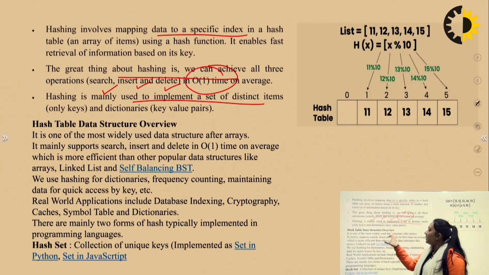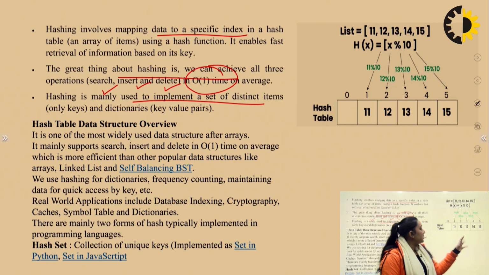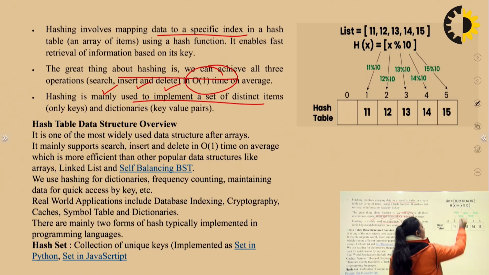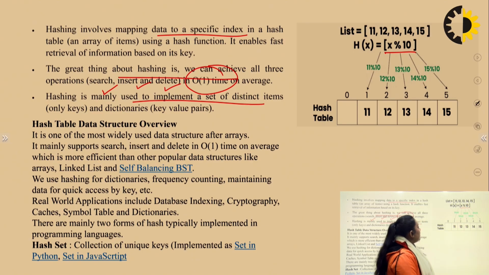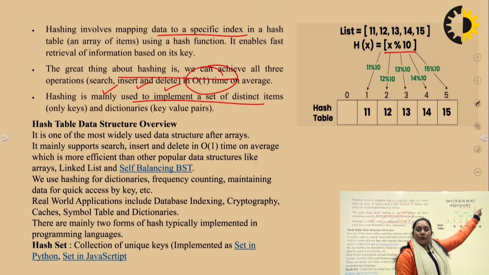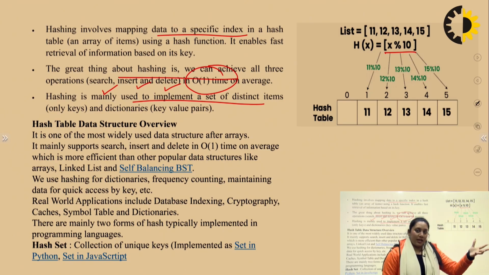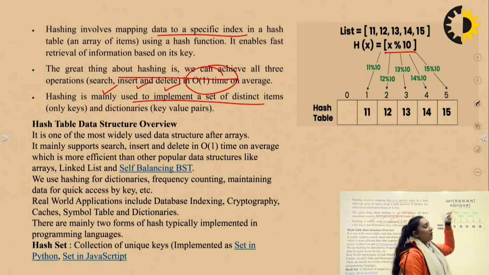Next, the hash table data structure overview. As you can see, this is the structure of the data set. The formula we use is %10. Suppose this is the list you are given in the question, and after that you need to apply the hashing and collision algorithm. The formula is h(x), the hash of x, equal to x %10, where x is a number from the list. Suppose you take 11, then 11 %10 gives 1.